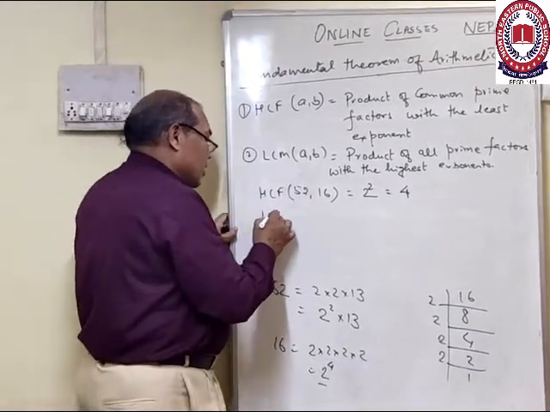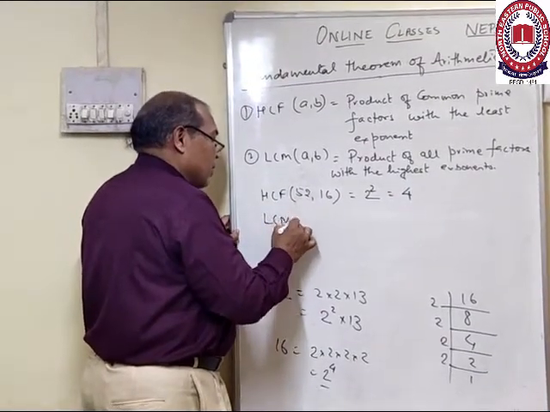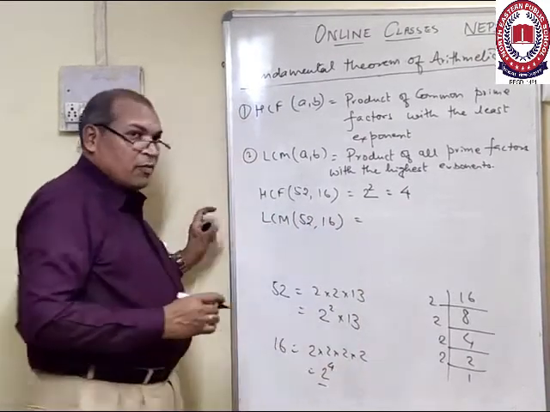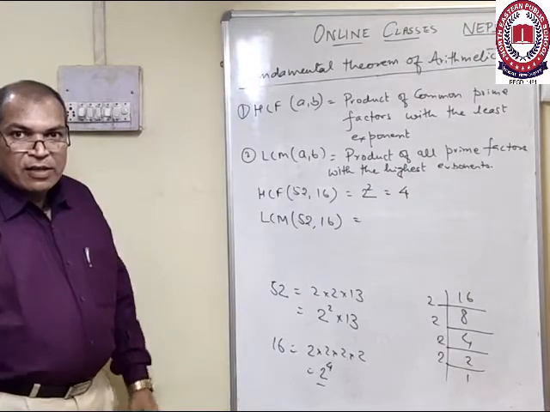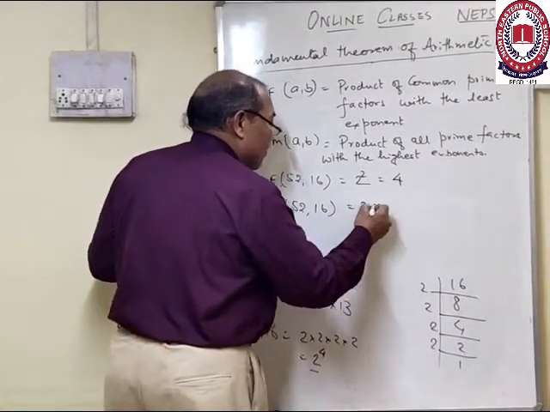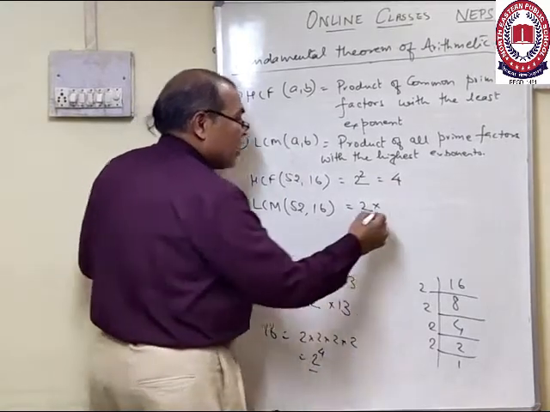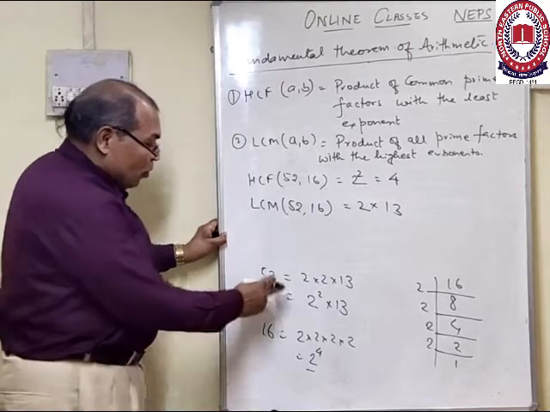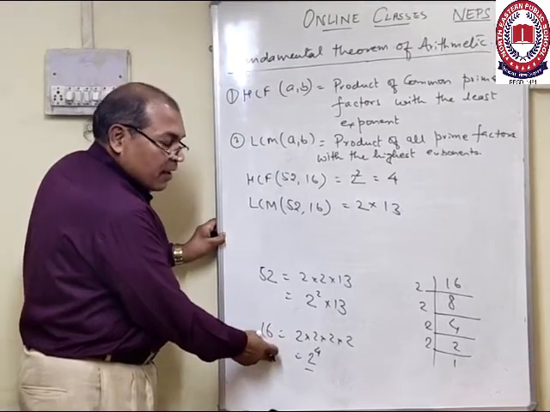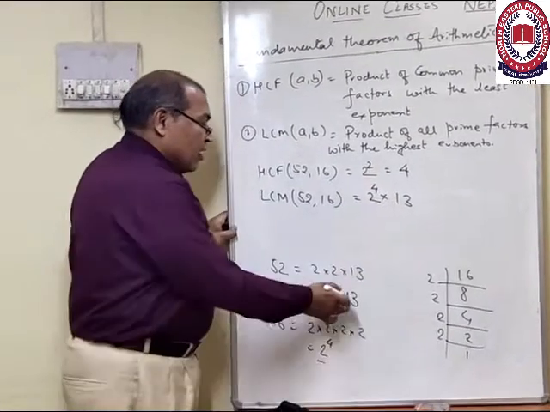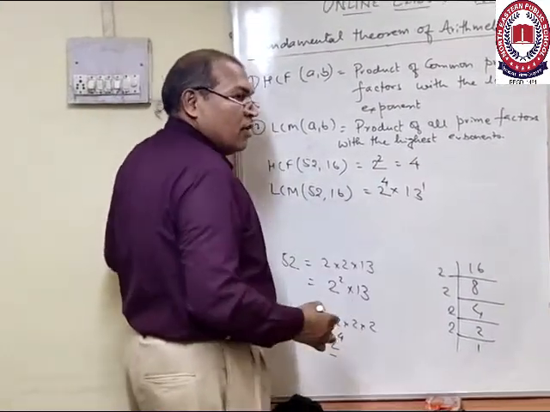Just like this, when we get LCM of the same numbers, it is the product of all prime factors. So prime factors are here, 2 is one prime factor, then 13 is another prime factor. The highest power of 2 in both these numbers in their prime factorizations is 4, and 13's exponent is only 1.